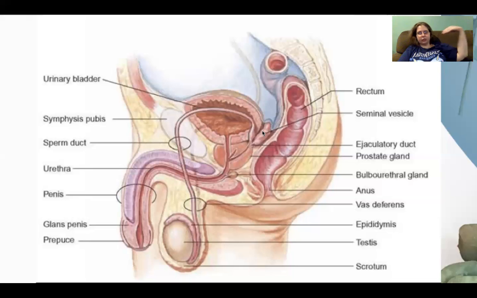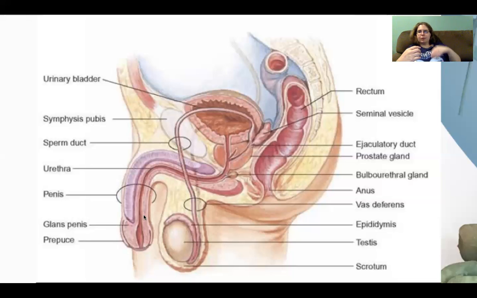So this is going to produce the high fructose fluid. And that's going to join the sperm here, right by the prostate gland, where the prostate gland is going to add the anticoagulant enzymes. Now here is where it joins up with the urethra. From here on out, it's in the urethra.